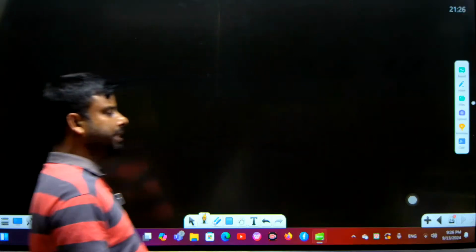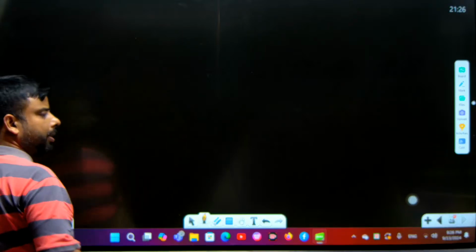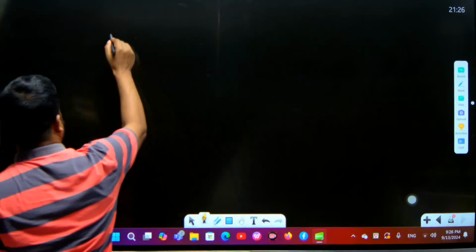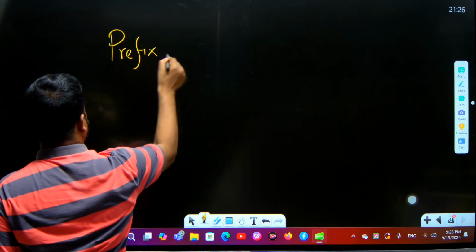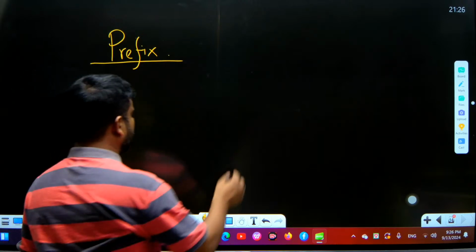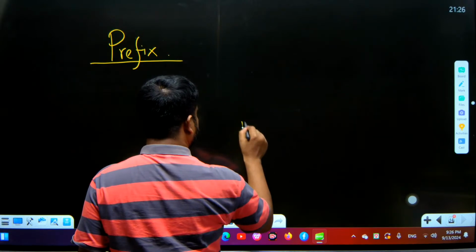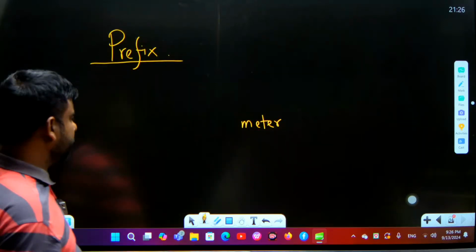To represent quantities, we use some prefixes. Do you know? Say meter. Meter is the SI unit of length.